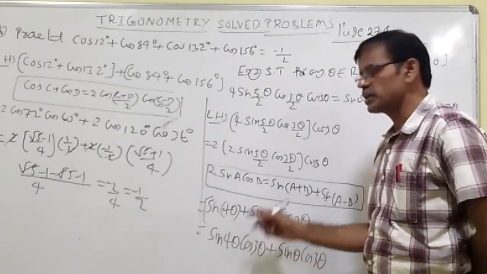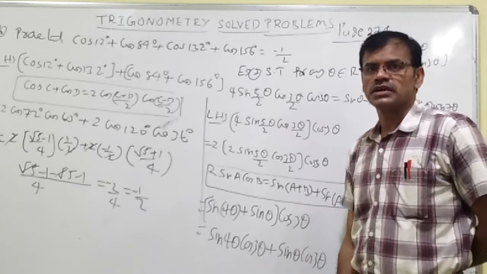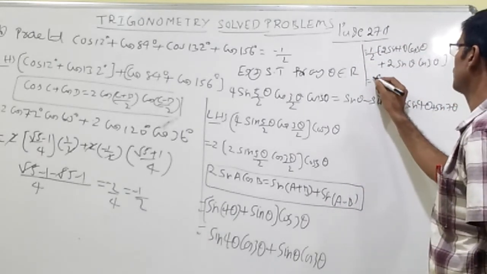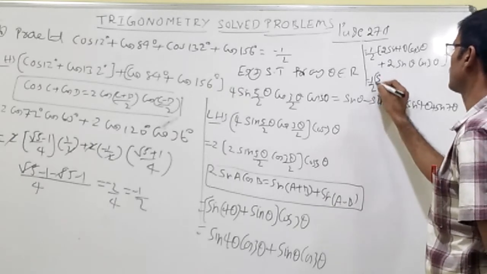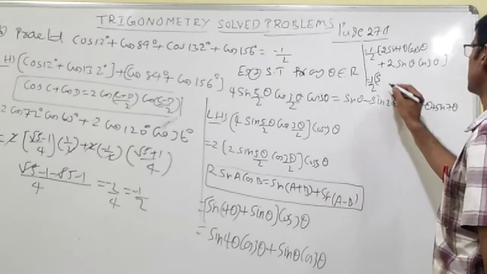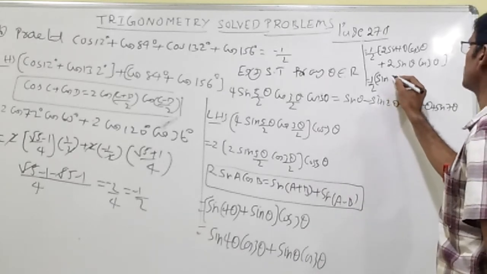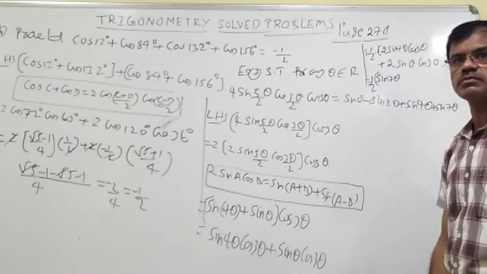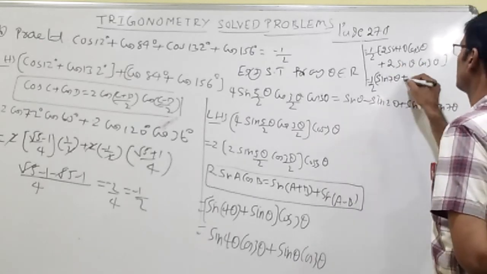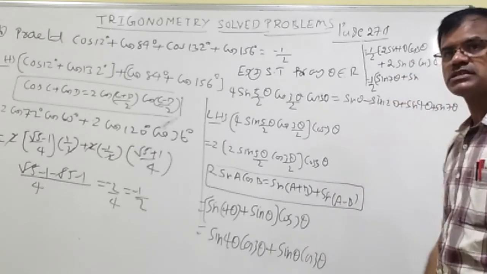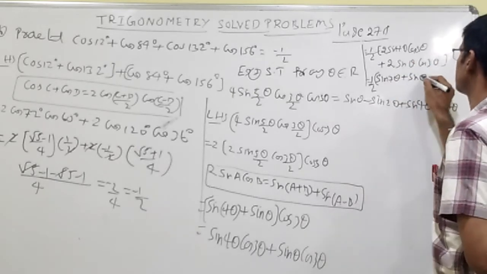Apply the formula 2 sin A cos B is equal to sin of A plus B plus sin of A minus B. So 1 by 2 overall taking common, and it becomes sin A plus B plus sin A minus B. So sin A plus B becomes sin 4 theta plus 3 theta, that is sin 7 theta, plus sin A minus B, sin 4 theta minus 3 theta, it becomes simply sin theta.